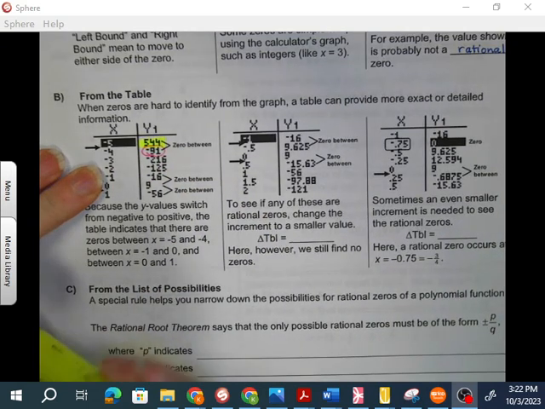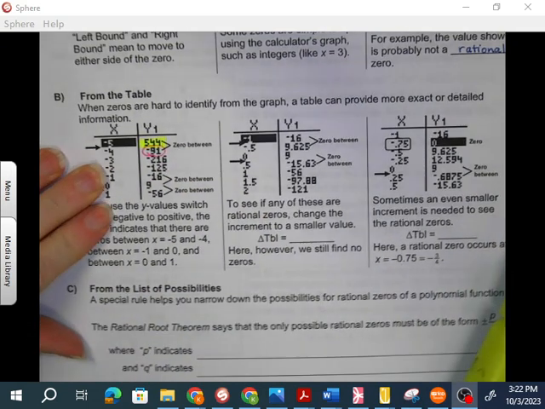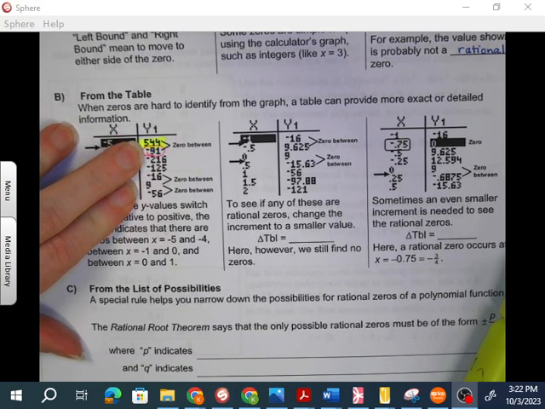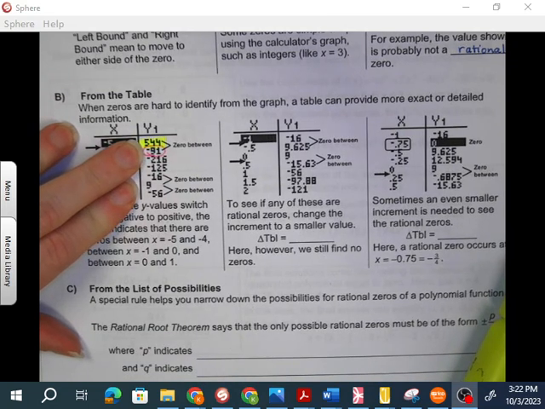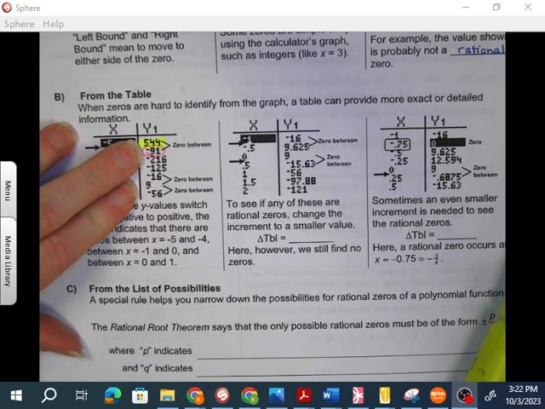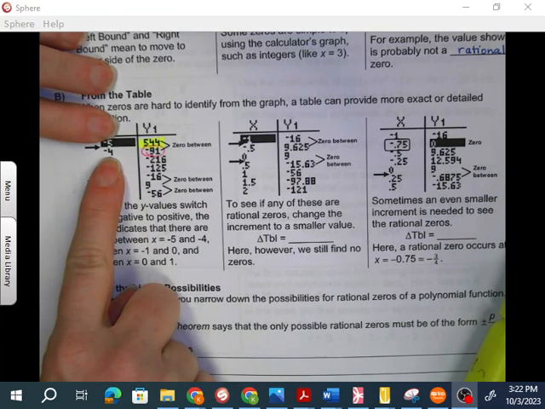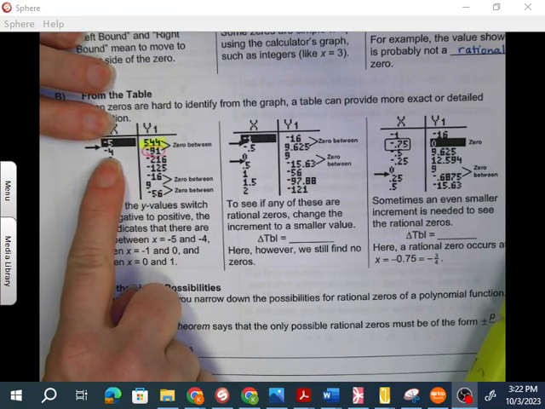On the y values of a graph, I have to go from positive 544 to negative 91. If you took your pen and you went from positive 544 down to negative 91, what has to happen in order for you to get from a positive y to a negative y? You have to cross through the x-axis. Which means there has to be an x-intercept between negative 5 and negative 4. There's no other way to get from a positive to a negative.